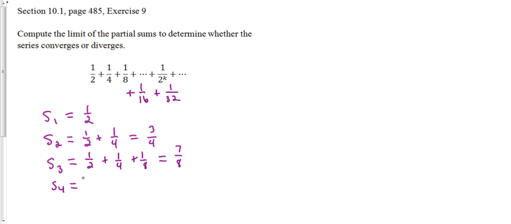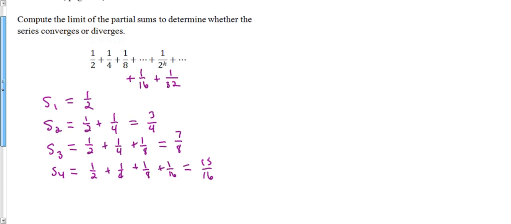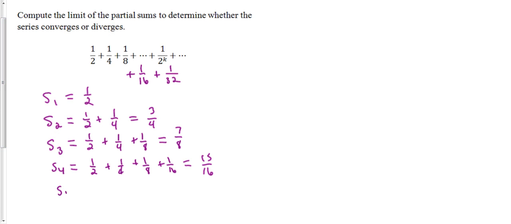The fourth partial sum is going to be the first four terms added together. So that's going to be 1/2 plus 1/4 plus 1/8 plus 1/16, which is going to be equal to what? Yep, 15 over 16. And if we want to do the fifth partial sum, that's going to be the first five terms.